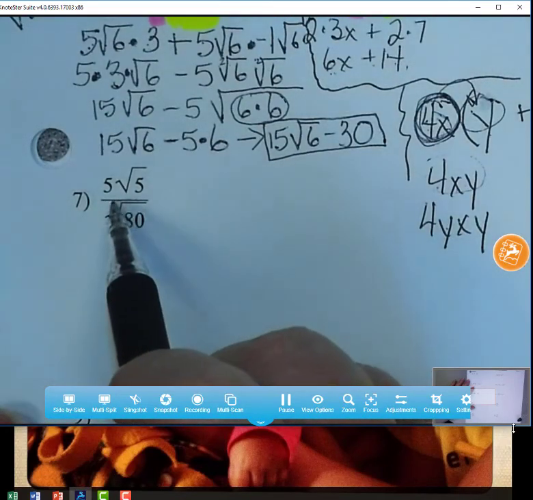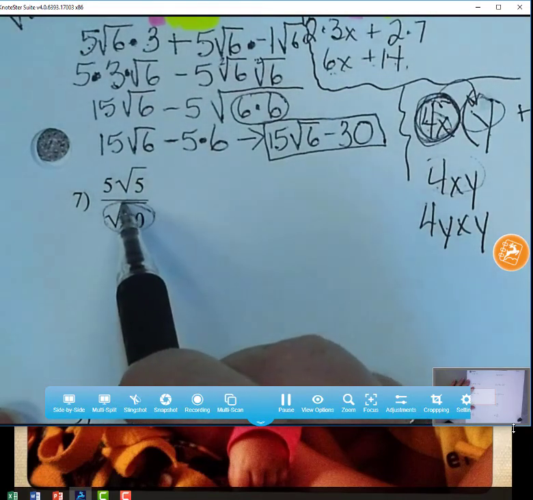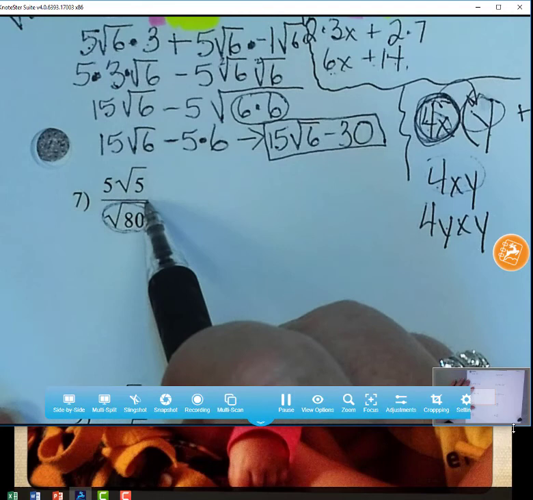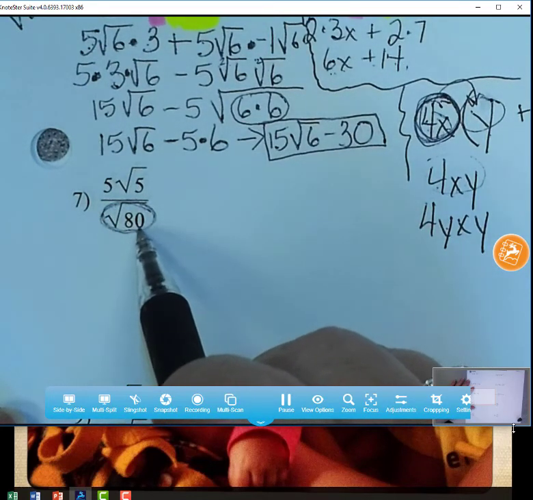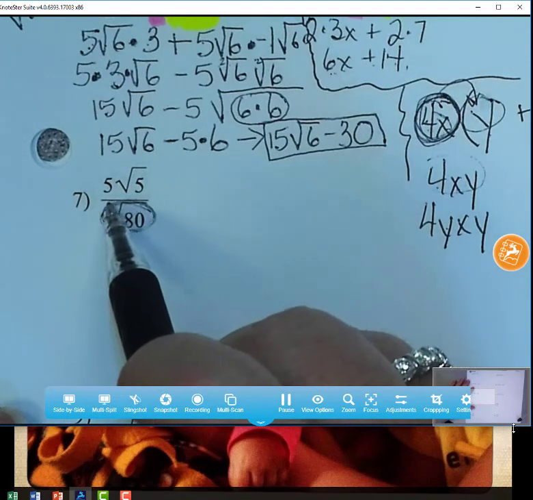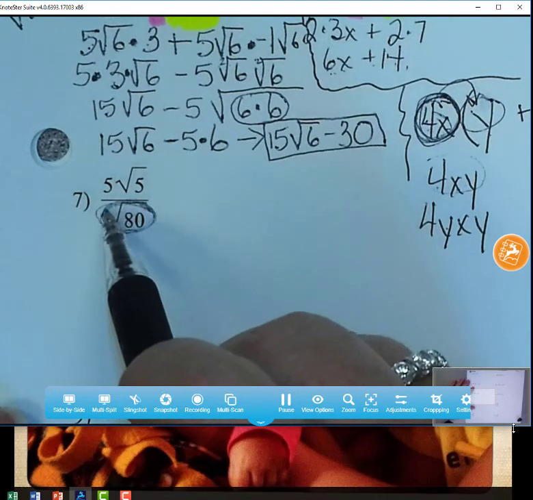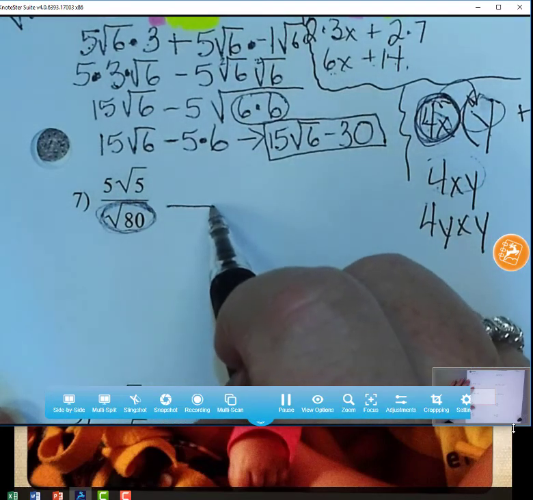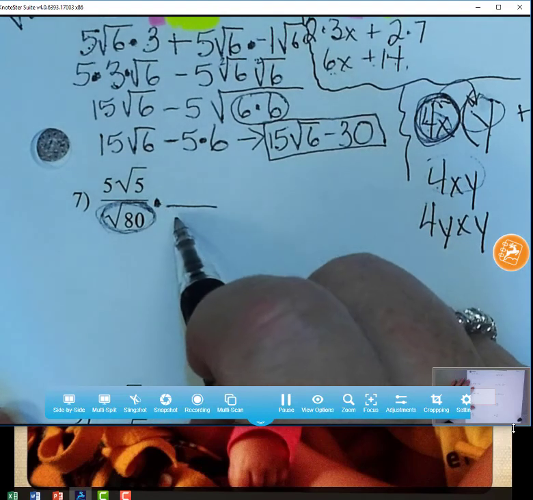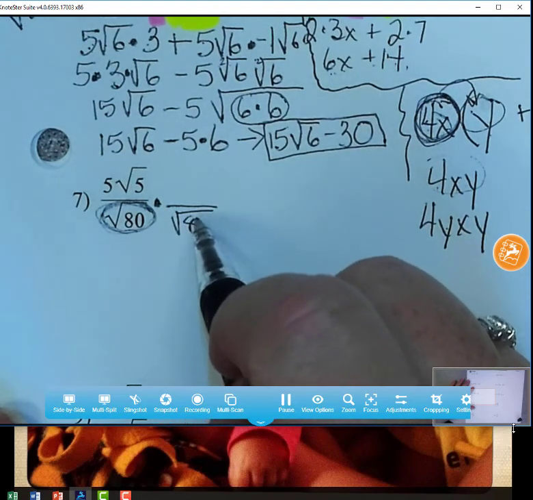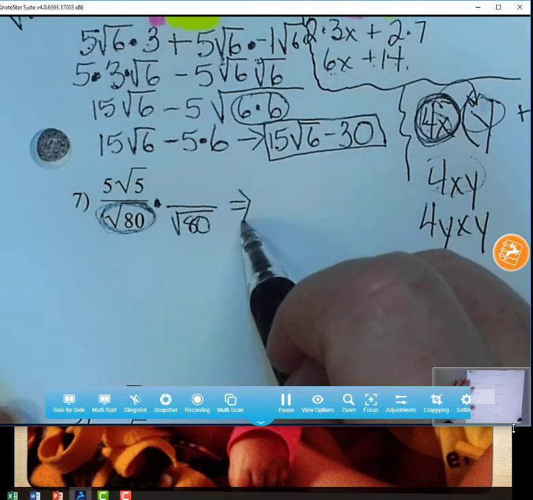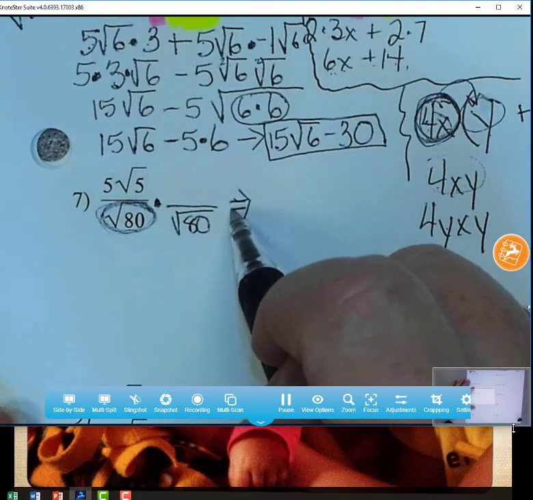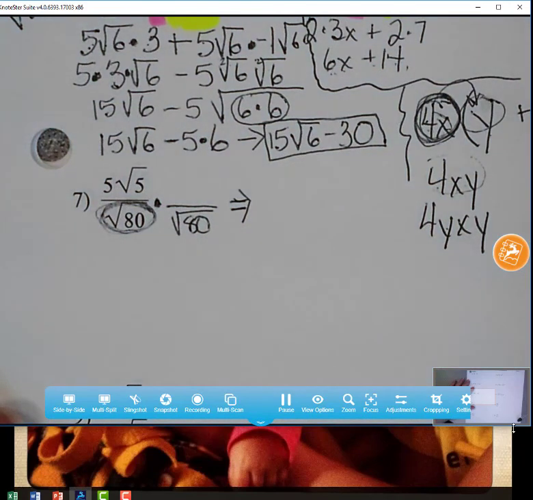If you don't want to have a radical sign in the denominator anymore, you multiply by that same root. So I'm going to multiply this by the square root of 80. This is one approach. This is not the only way to do it, but this will always get you to where you need to be.